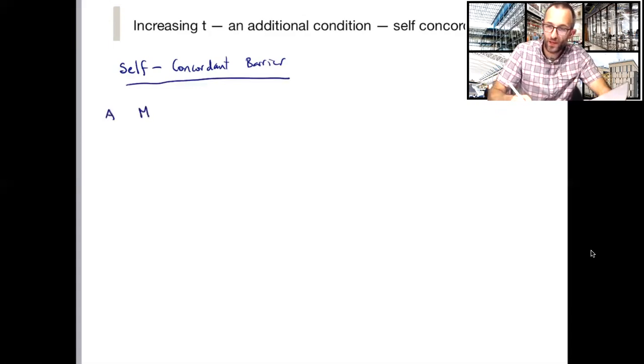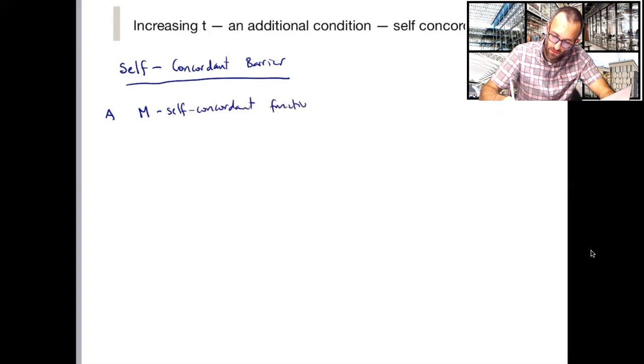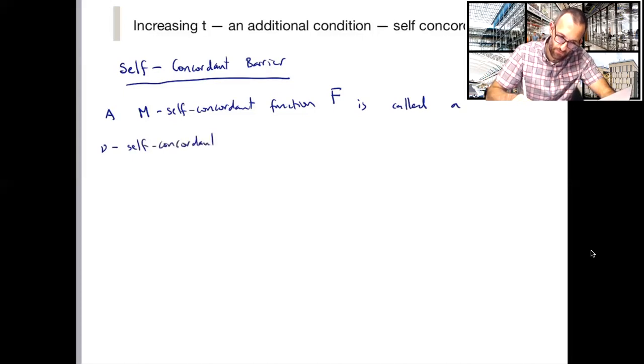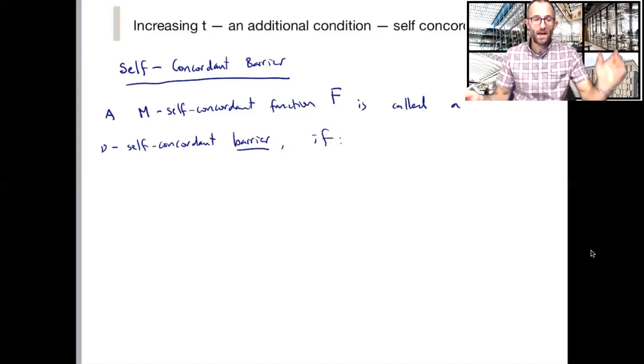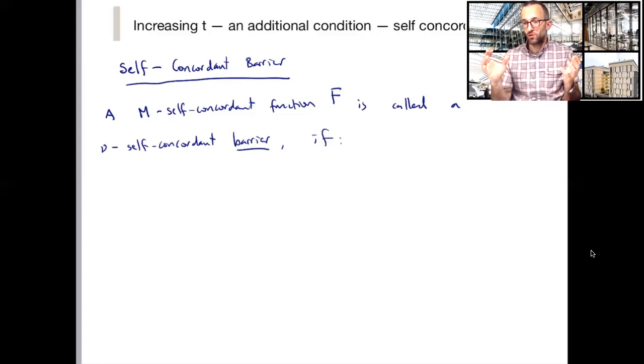An M self-concordant function f, a function that already is self-concordant, is additionally called a nu self-concordant barrier if its Hessian has enough curvature, specifically, enough curvature with respect to its gradient.